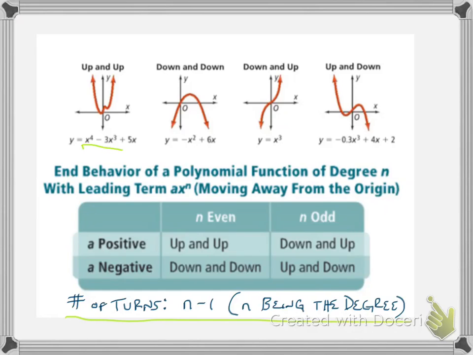So like on this one, it turns here, here, and there. Okay? Sorry, I couldn't be a little more exact on that, but it has 3 turns, where a quadratic, since it's 2, only has 1 turn. And a cubic, like on this one, has 2 turns because it's a degree of 3. Alright?